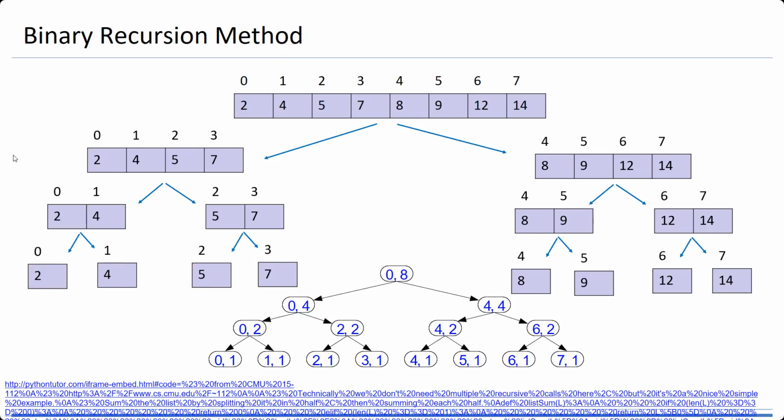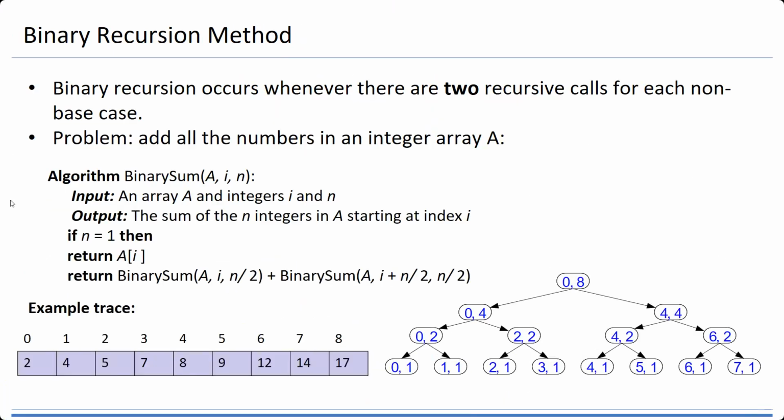And then what you do with this one, based on the function here, we do the summation of the result on the left plus the result on the right. So this is the result on the left plus the result on the right.